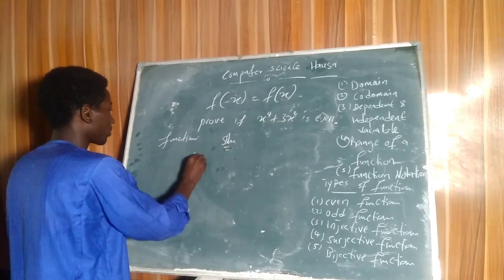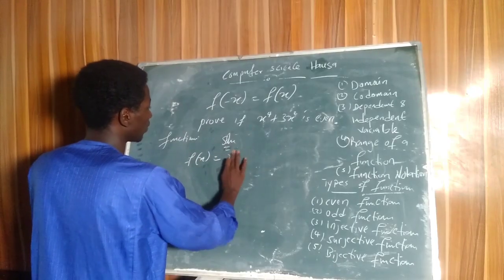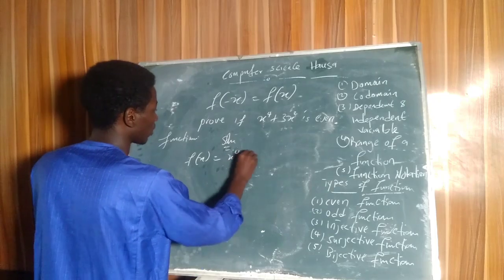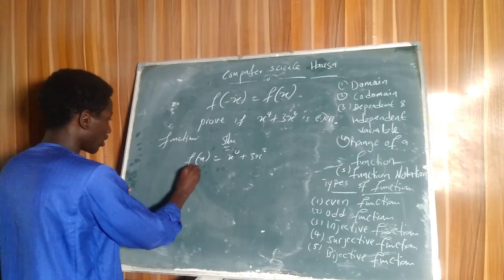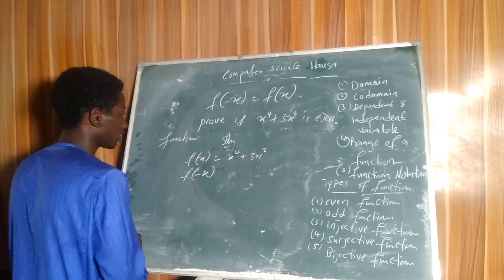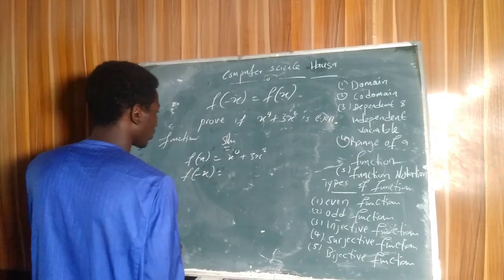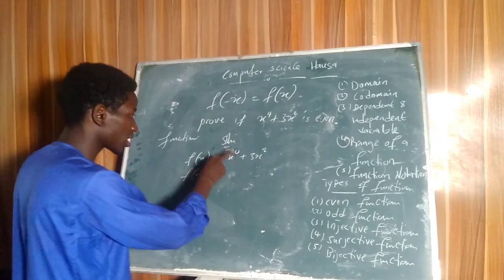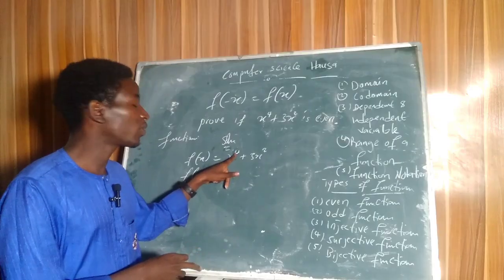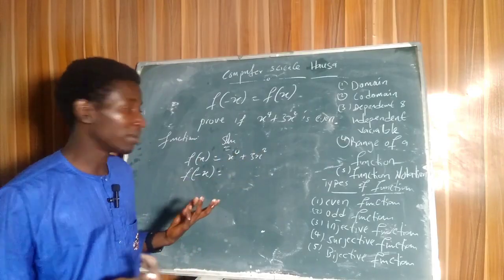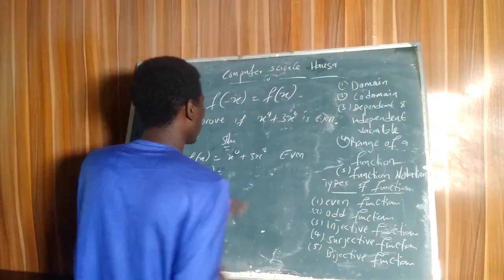So f of x is x to the fourth plus 3x squared, and f of minus x is equal to... from here we can already tell whether this function is even or odd, because looking at the powers of x, 4 is an even number and 2 is an even number, so this function is just even, right?